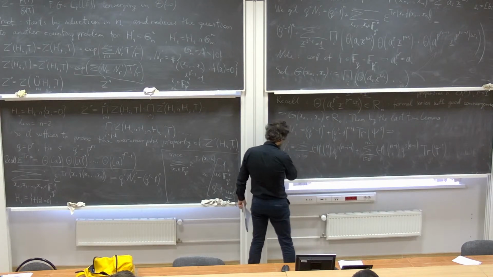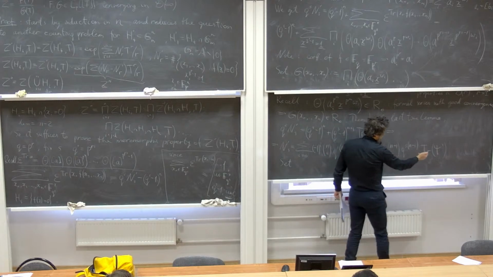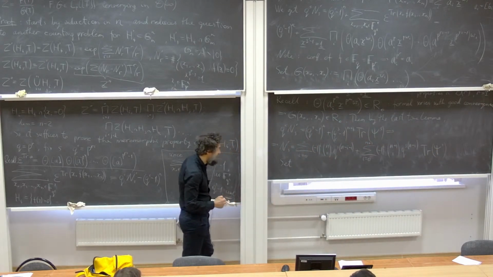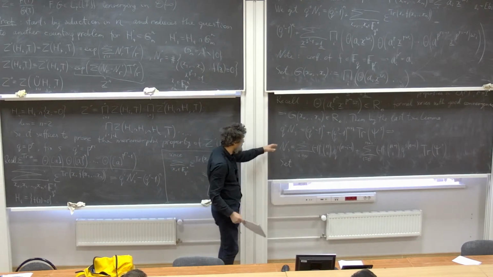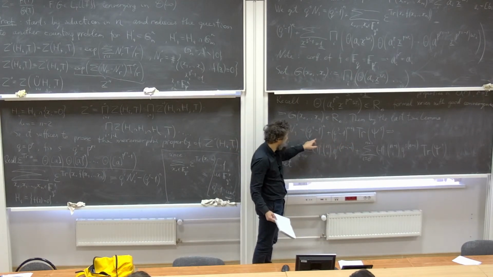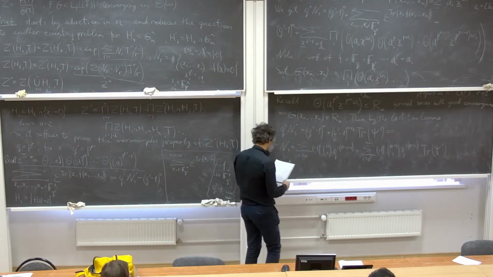Now the counting function for n, the zeta function, will be the same as the counting function for psi. I just divide by this and expand those two by binomial formulas. So there is nothing interesting here.